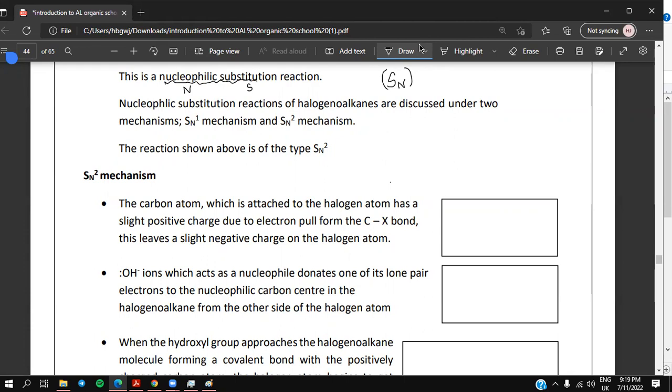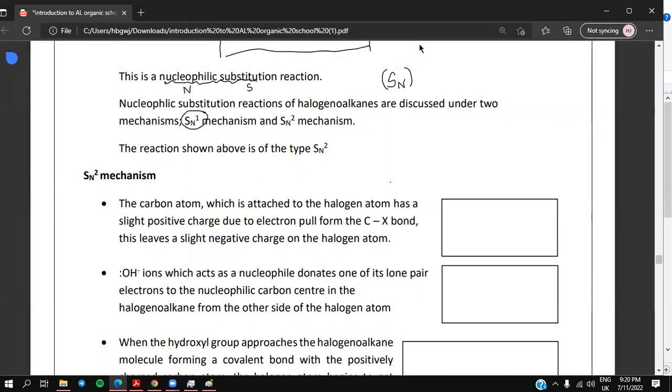However, these reactions are discussed under two categories. Two mechanisms are there. First one is SN1. The other one is SN2. We have to know exactly how to describe SN1 reactions and SN2 reactions.